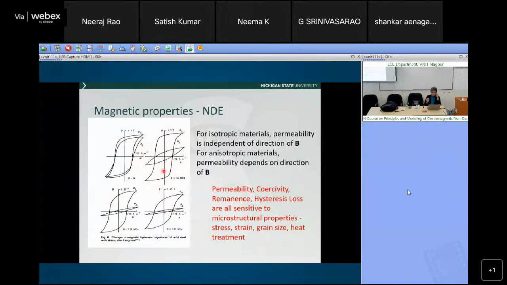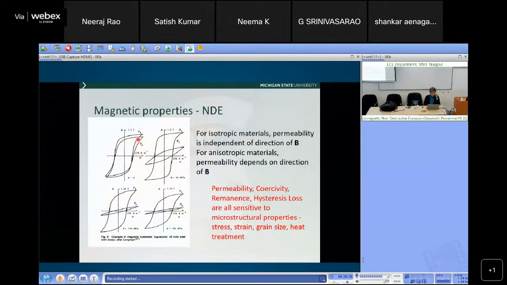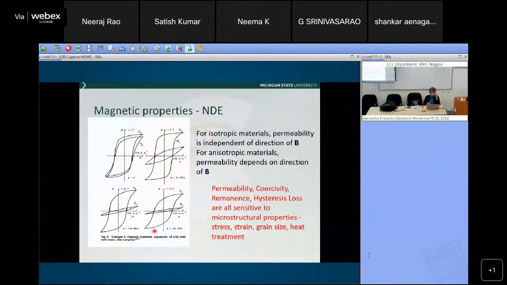The permeability, the coercivity, the remanence field, they're all sensitive to microstructural properties. And using a hysteresis curve, you can determine the kind of stresses or strains or fatigue damage in the material. So that is one thing.